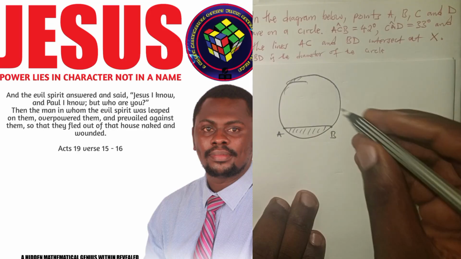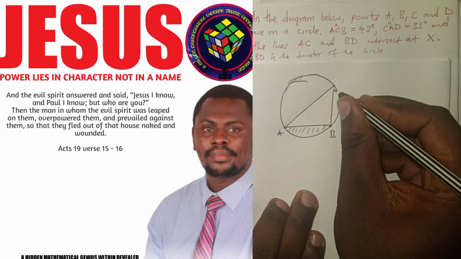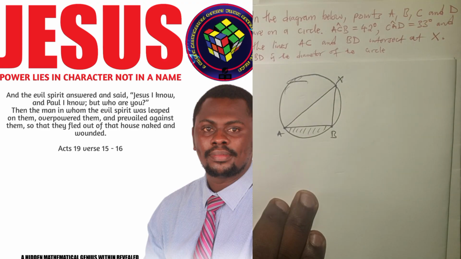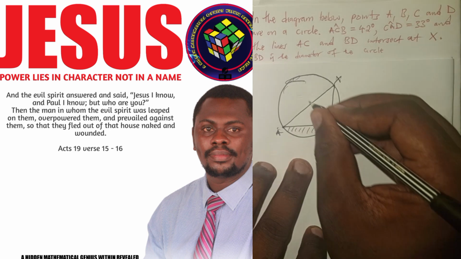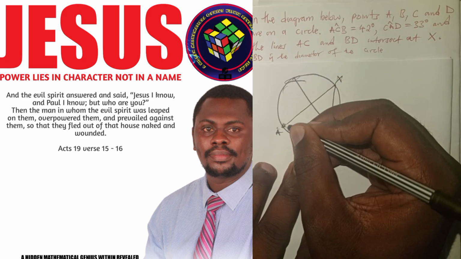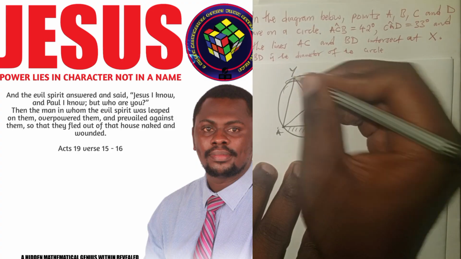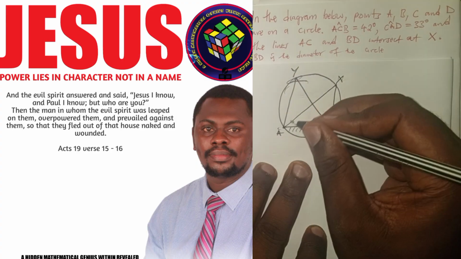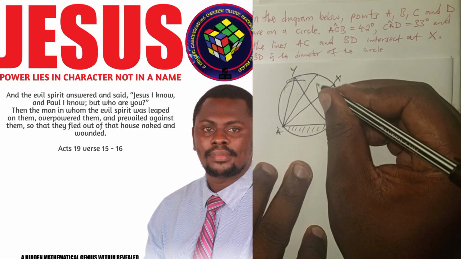So if this arc AB produces an angle there at the circumference, let's say angle X. Again, this same arc or chord produces another angle at the circumference. Let's say the angle there is Y. This same arc or chord can produce another angle on top there in the circumference.